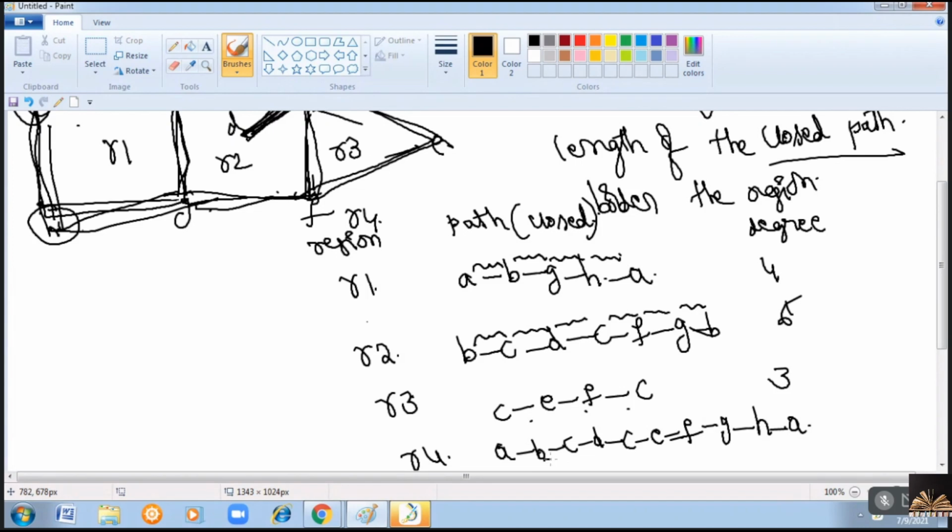A to B, B to C, C to D, D to C, E, F, G, H. Yes. Now what is the length? 1, 2, 3, 4, 5, 6, 7, 8, 9. 9 is the degree.